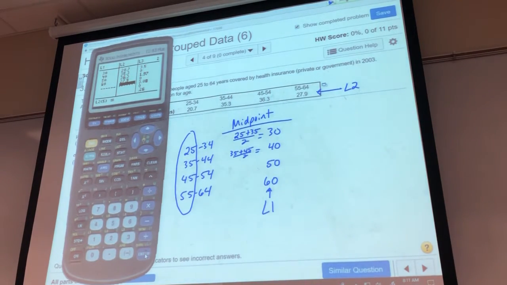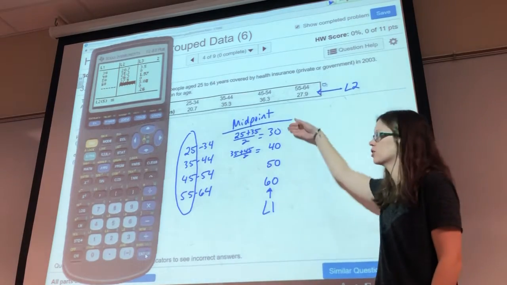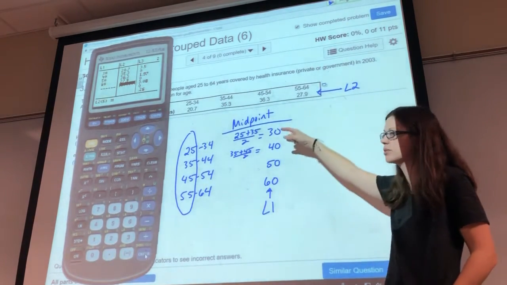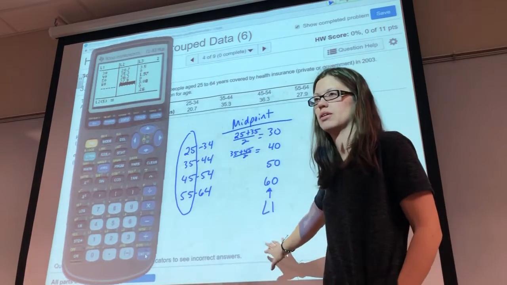When you're doing this on a test, there's not a good way for you to show your work because your calculator does most of it. So the way you would show your work on this one is just to say, my midpoints are these, and actually write down what you put down in your L1, and then say, in my L2, I put my frequencies, and that's how you can show your work.